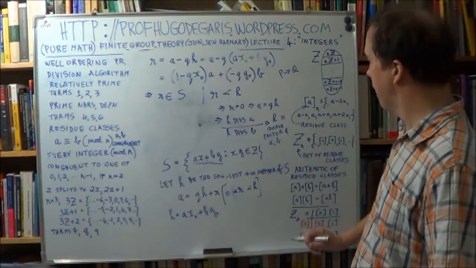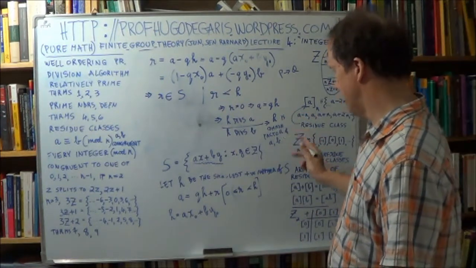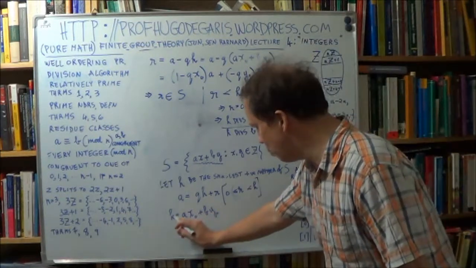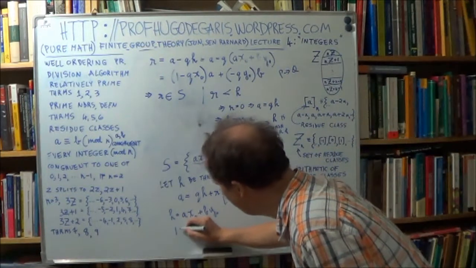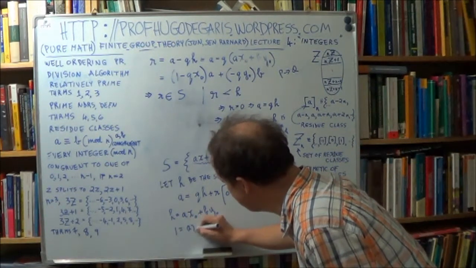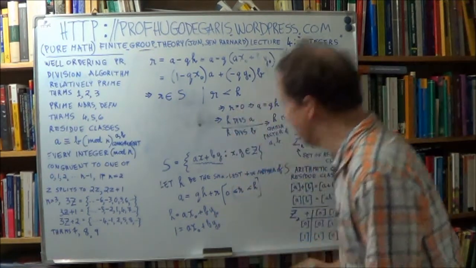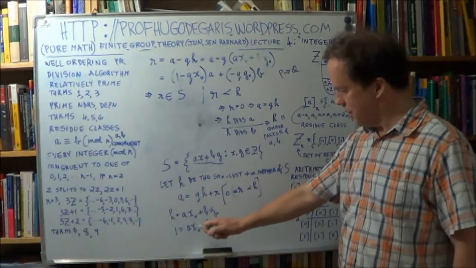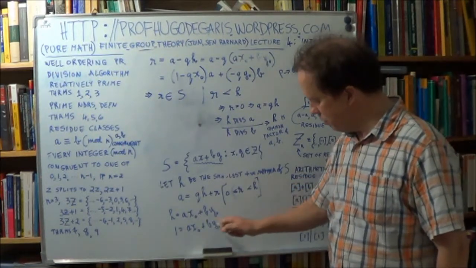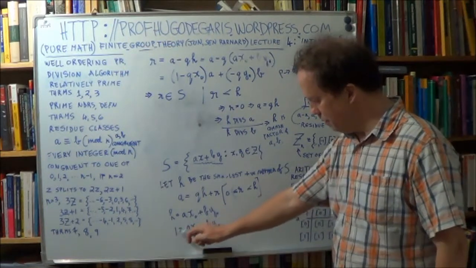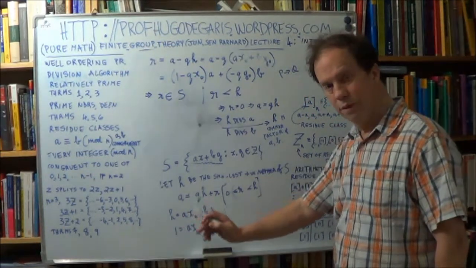So 1 is A x naught plus B y naught. So there are two integers x naught and y naught such that Ax plus By is 1. So we've proved it.